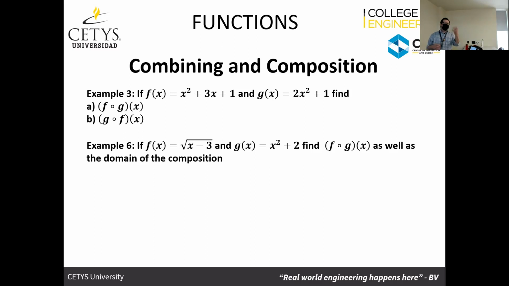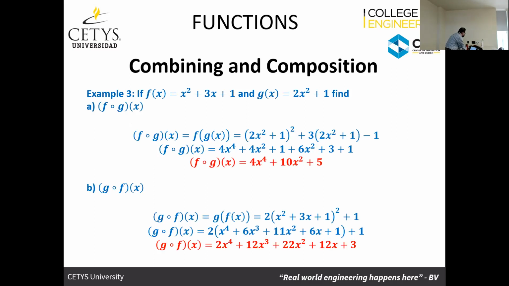In the first case, we're grabbing g and putting it inside f. And in the second case, we're grabbing f and putting it inside g. Let's look at the first one.